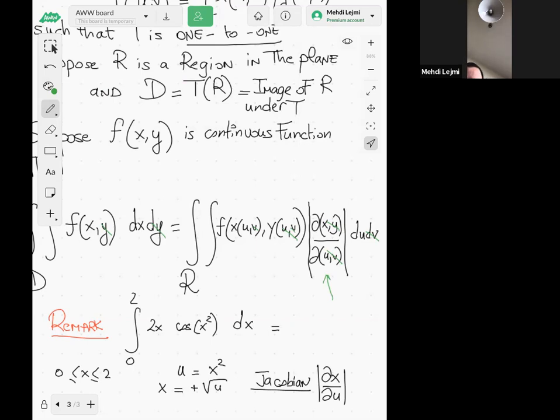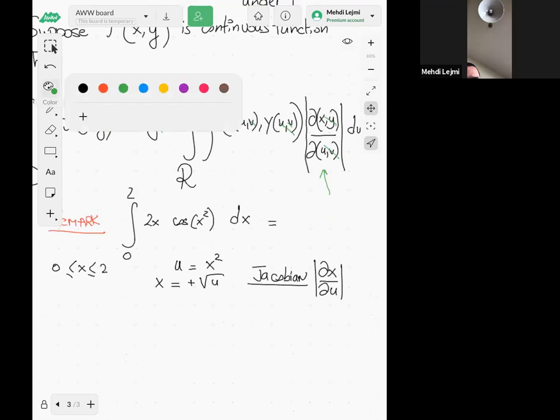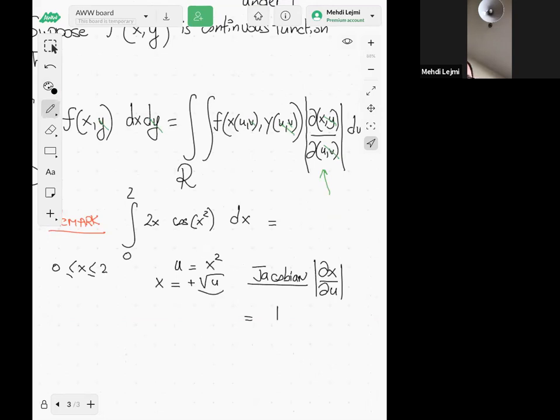So then the Jacobian is just partial x, partial u. So what would be partial x, partial u? Well, you need the absolute value, of course. That's the derivative of this square root of u. That's half u to the power negative half, right?